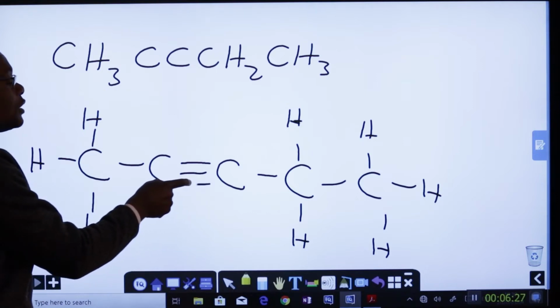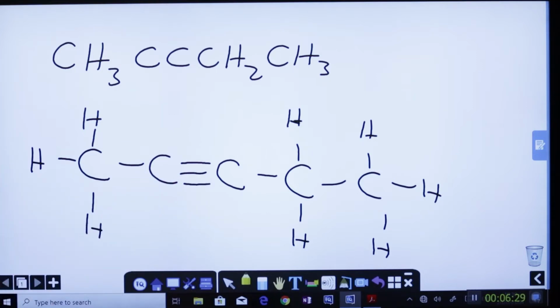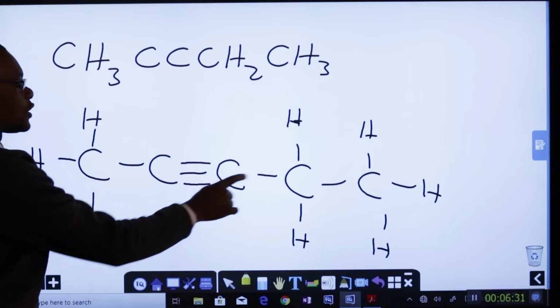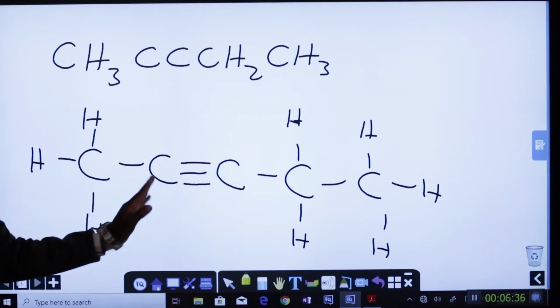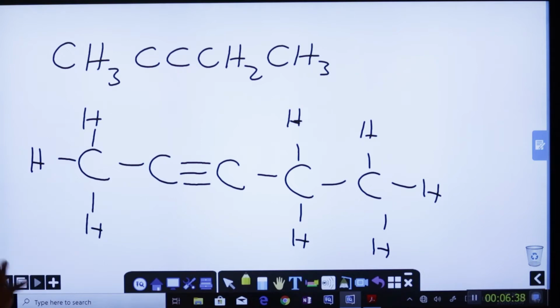So let's bring a third bond. Now it becomes 2, 4, 6, 8 for both. These two are now happy in terms of the octet rule with a triple bond there, and this one is happy already.